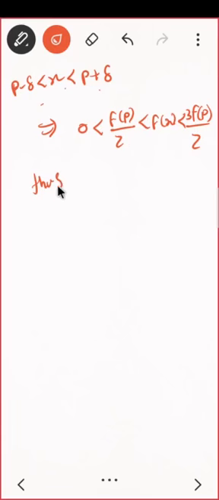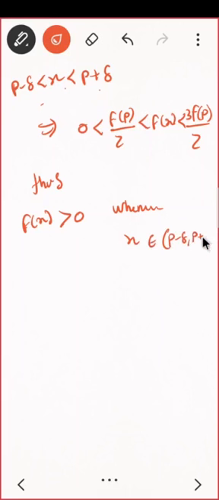Thus what you can say, f of x is positive whenever your x is lying in this interval, p minus delta and p plus delta. Is the proof clear? So what did you get? That means you have considered f of p positive, and what did you get?